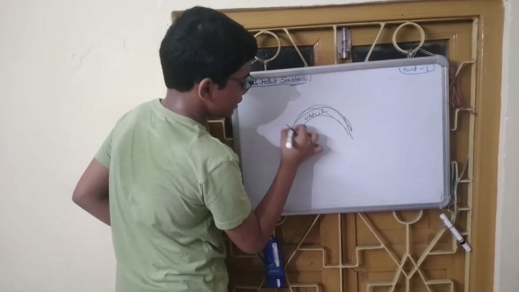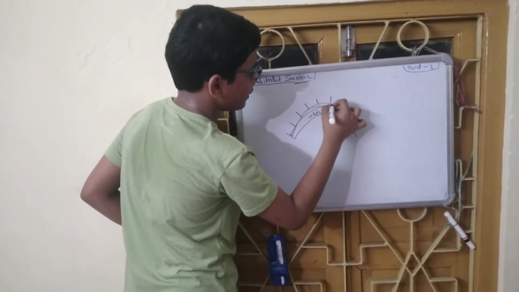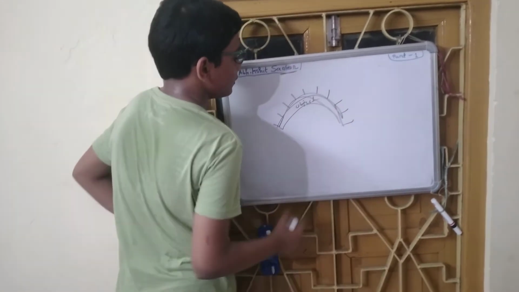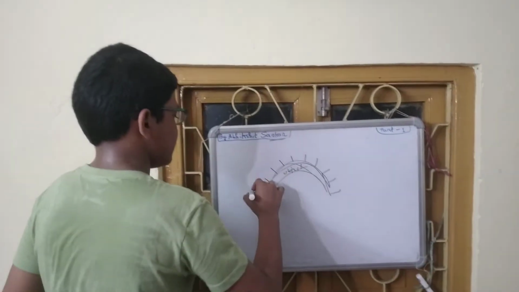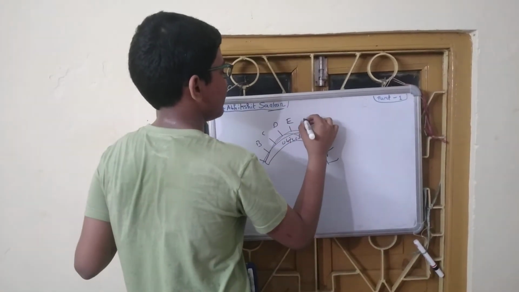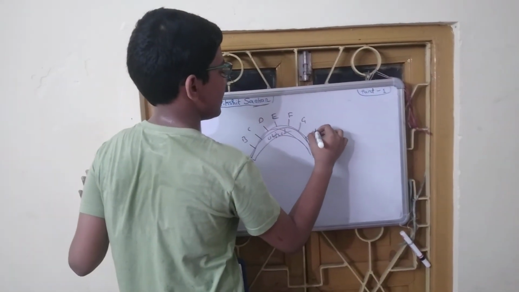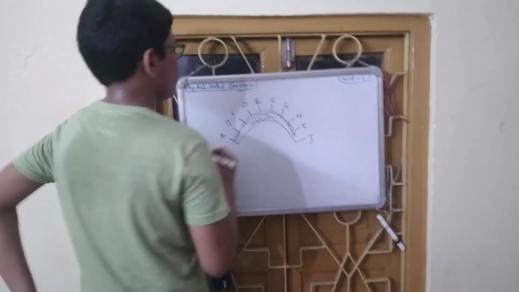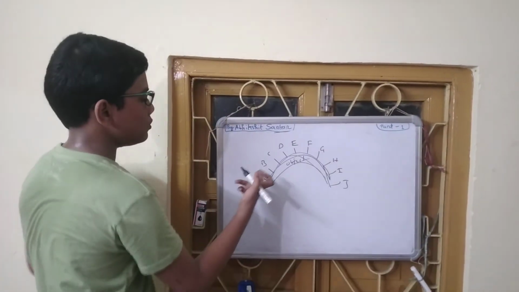This is one part, this is another part, and another, like this. Let us say this is A, this is B, C, D, E, F, G, H, I, J.